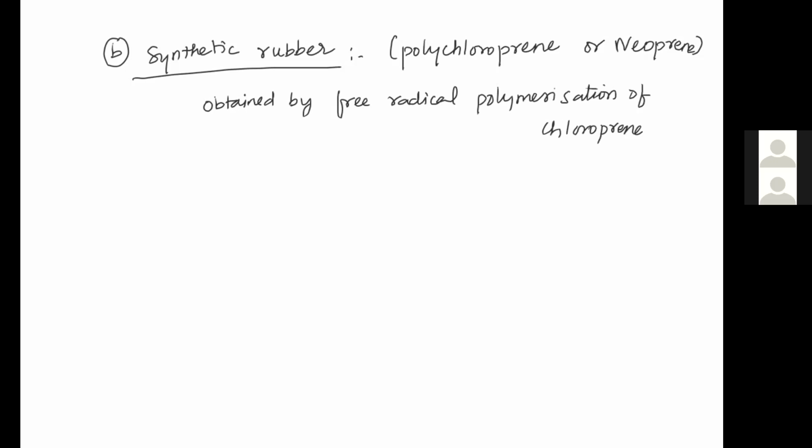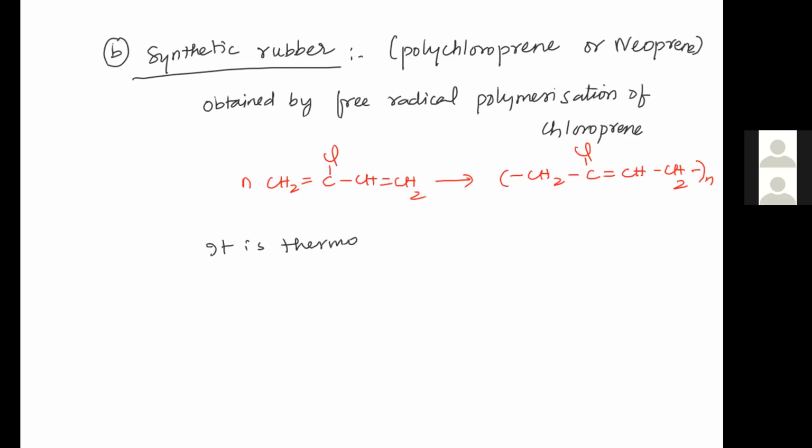Of chloroprene. So you can see there are n units of CH2=CCl-CH=CH2. We are polymerizing it into neoprene. And synthetic rubber is thermoplastic, and it need not be vulcanized because it is not natural.